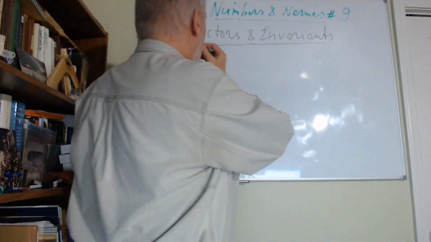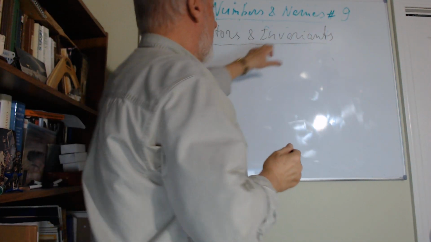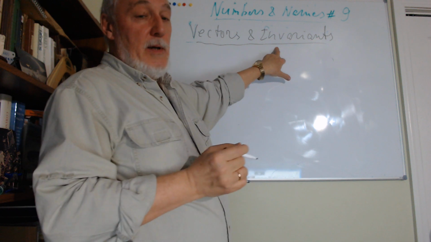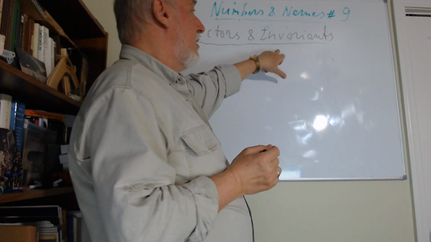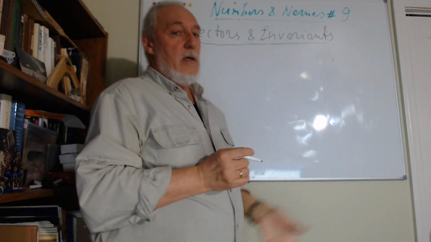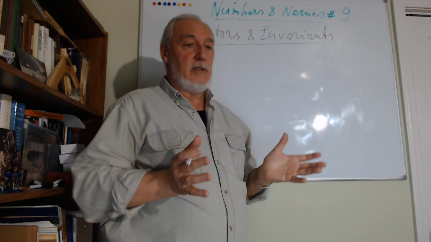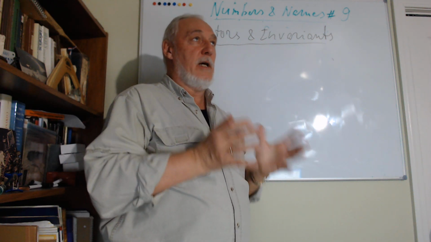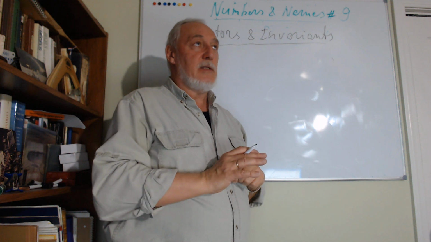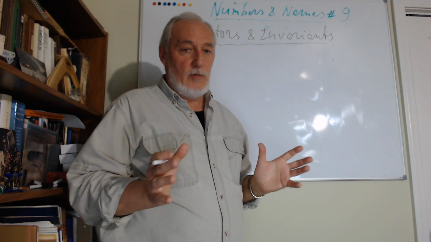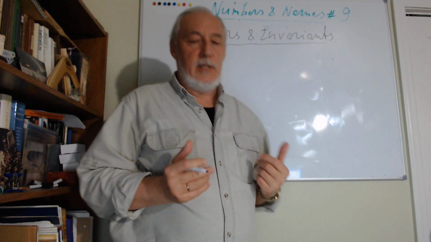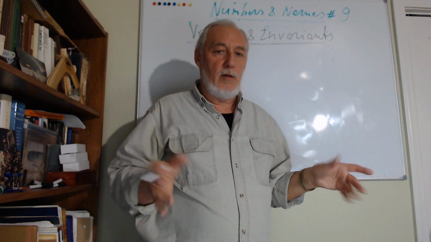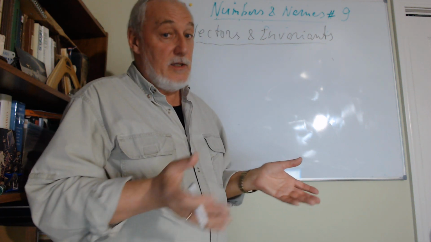Okay. Now about vectors and invariants. I remind you, invariants are something that is not changed whatever we do around. It's very closely connected with the idea of science that the nature outside does not depend on us. We can jump around, dance, talk, but nature is still the same.